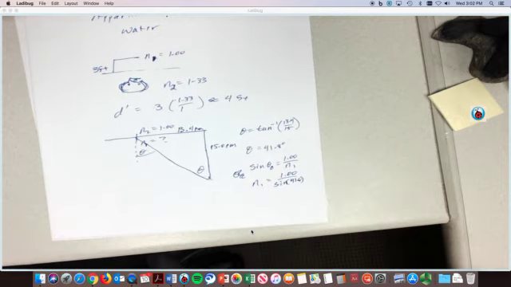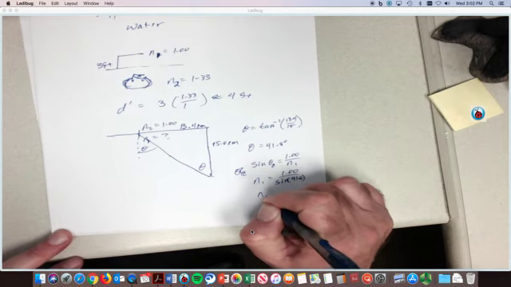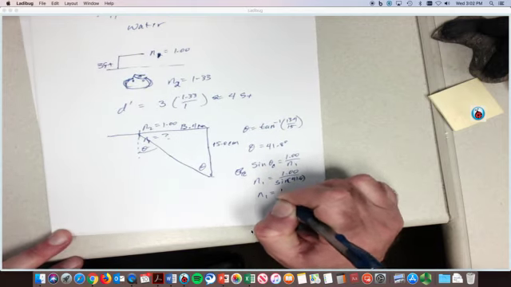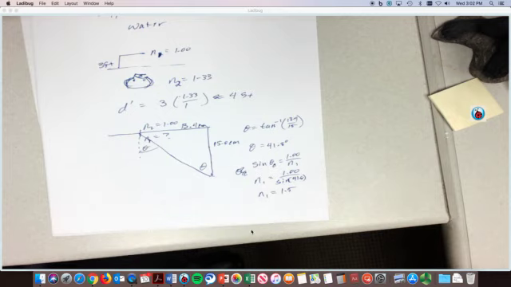Ooh, I'm proud of myself for being able to come up with this. So 1 divided by the sine of 41.8 is 1.5. So it's some kind of quartz or glass. That's what that is. Let's see if we're right.